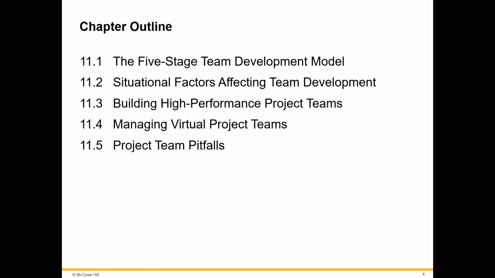We're going to be talking about the stage of developing a proper team, setting it up. It's not that you pick a team randomly in the middle of the night. You want to pick a good team that is functional, workable, and doable. You want to look at different situational factors that will affect team development and hopefully build high performance project teams to make sure that your team is working in the best scenario.